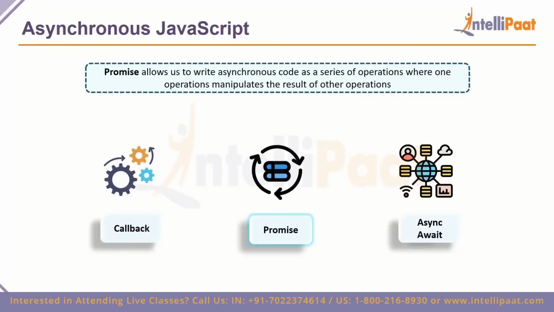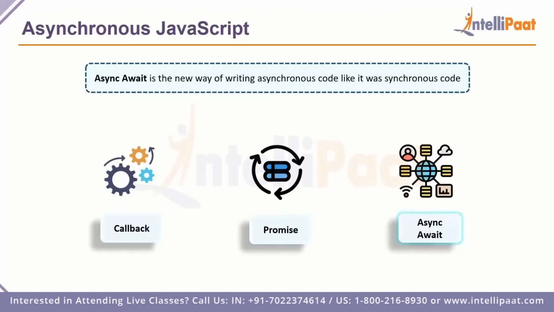Now, promises are great, but they also lead to certain problems. In order to overcome those problems, we came along with other things such as async await. The problem with promises was that chaining promises one after the other could be a little difficult, and understanding how promises were executed, especially when you have multiple execution paths, is a little difficult. Async await turns the asynchronous code into synchronous-looking code.